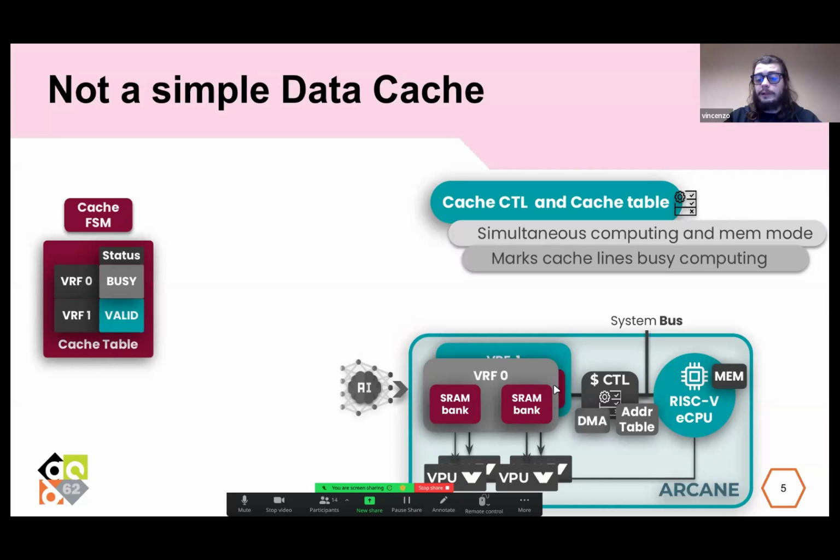Then inside our data cache, we have our finite state machine. The finite state machine is basically capable of handling the incoming load and store requests. So it is capable of retrieving the data from the cache lines which are not marked as busy computing, and responding to the host CPU, such that the host CPU in the meantime can run other computation.